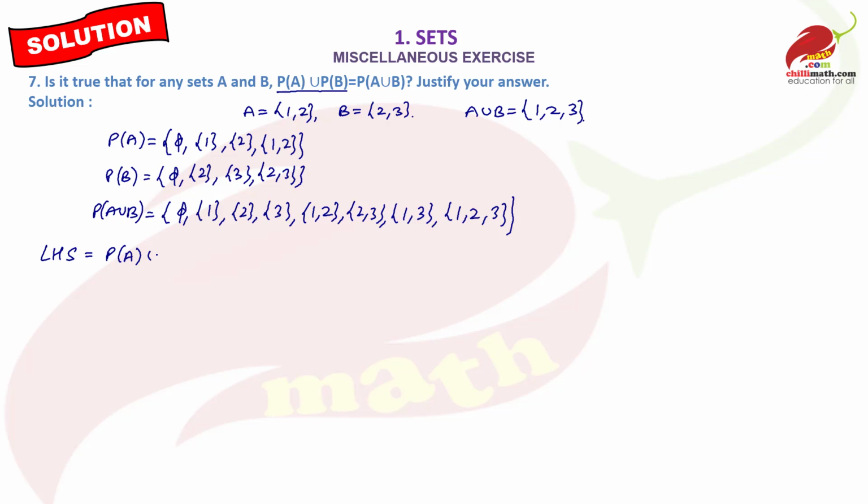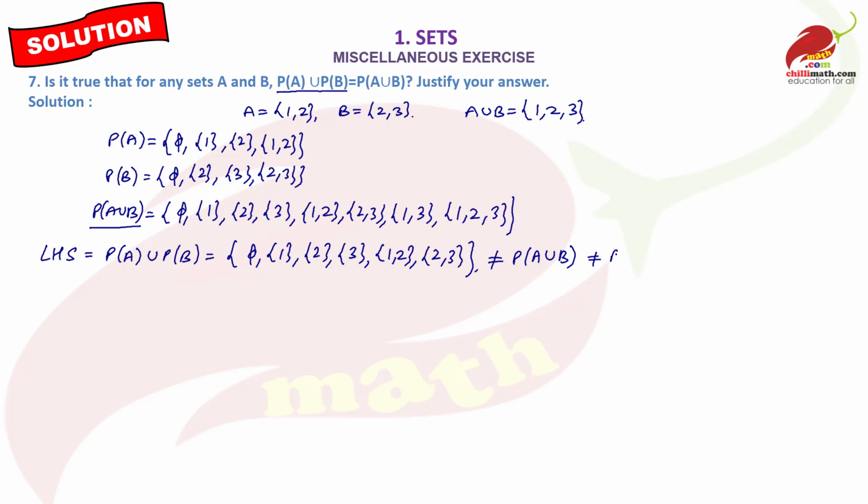So taking the union of these power sets will be equal to {∅, {1}, {2}, {3}, {1, 2}, {2, 3}}. And you can see it is not equal to P of A union B, or is not equal to the RHS. So LHS is not equal to RHS.